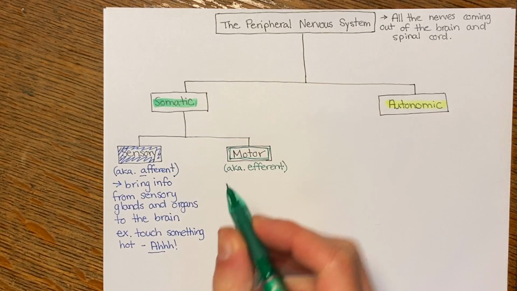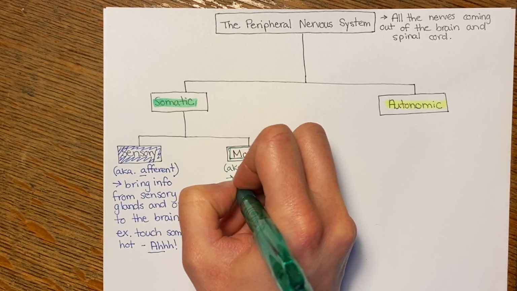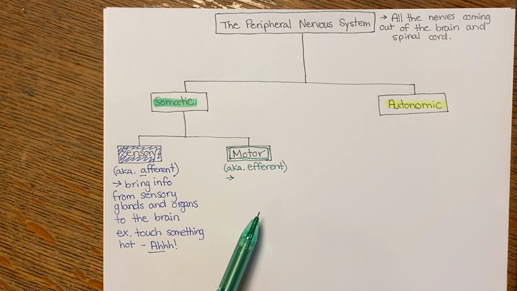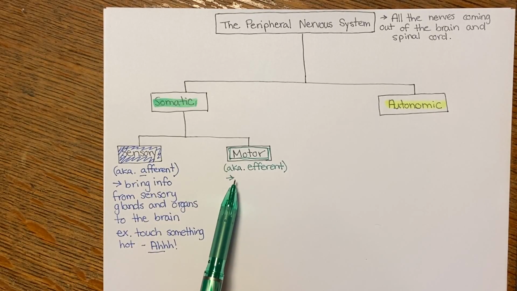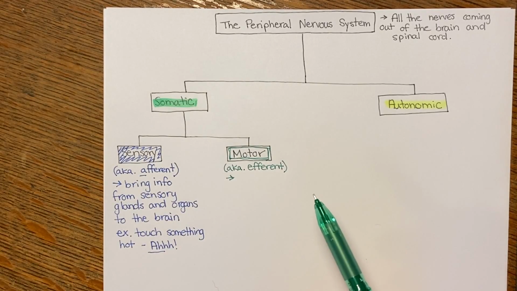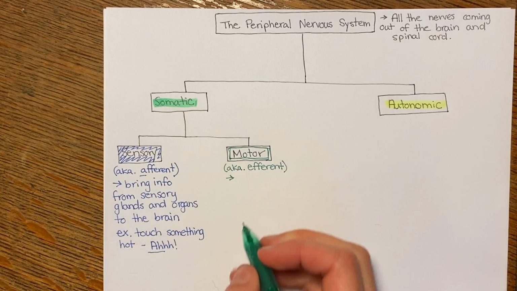So afferent and efferent. Your efferent nerves do the opposite. So they take information from your brain and send it out to effector cells. So this is things like muscles and stuff to do something in response to the stimulus from the sensory nerves.